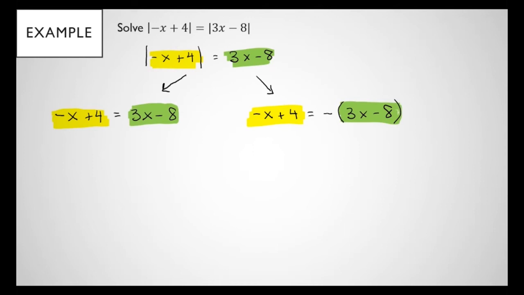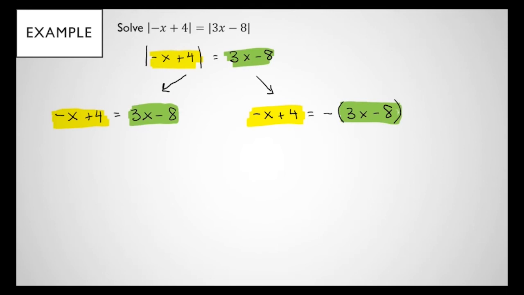And I'm going to actually treat these two equations slightly different because of the fact that I have to distribute a negative on the equation on the right, but not the left. So these are complicated enough that I'm going to do one equation at a time. So I'm going to just do the left one. And it doesn't matter what side I put my x on.